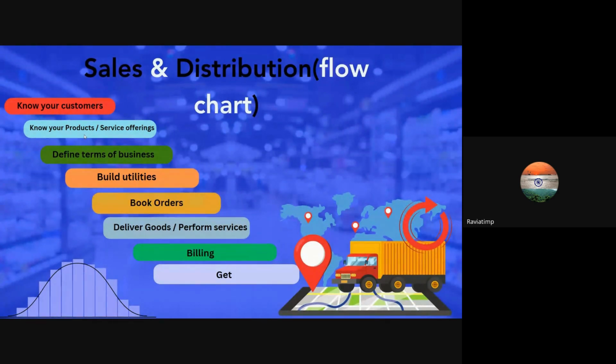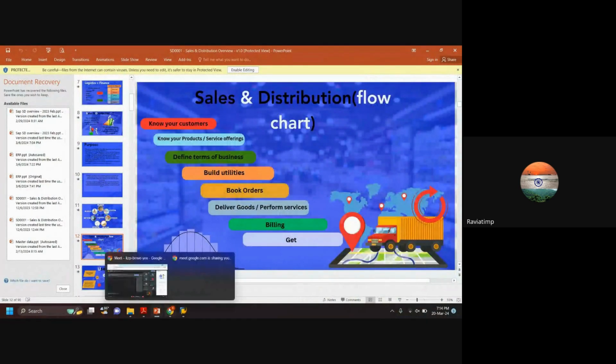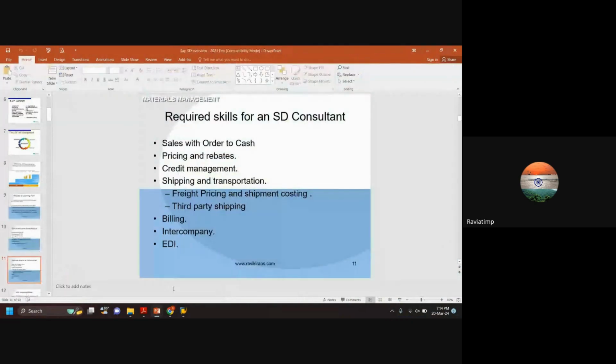I will be explaining how to work on SAP as a functional consultant so that you can prepare a resume showing something like sales with order to cash, pricing and rebates, credit management.